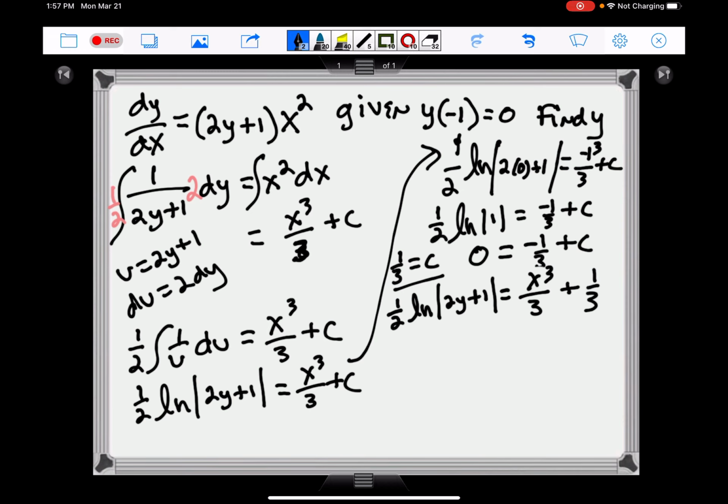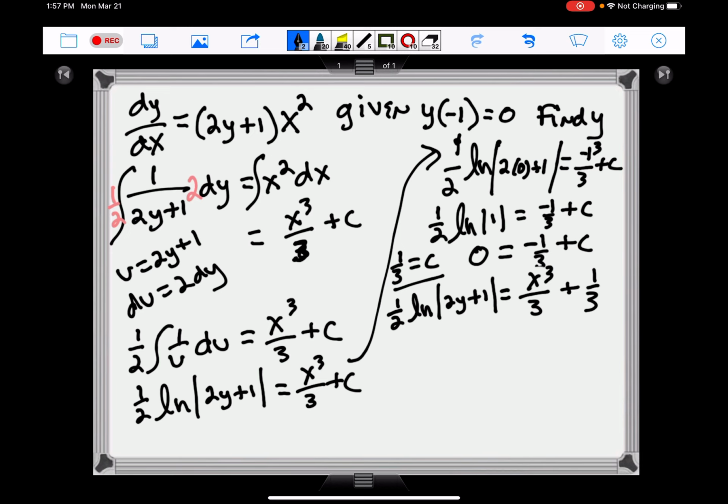So now I plugged in C, and I'm going to solve for Y. You get rid of the 1/2. How do I get rid of the 1/2? Multiply by 2.